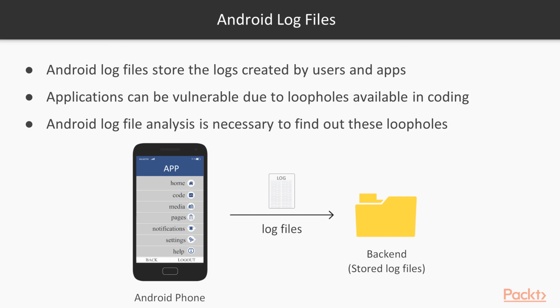Apps can be vulnerable due to loopholes available in coding. Absolutely correct. For example, in this mobile there is an app A, right? And A contains users' username, password and card information, etc. For example, if app A is vulnerable, what will happen? When app A creates logs inside the Android machine, they will be inside the log files.